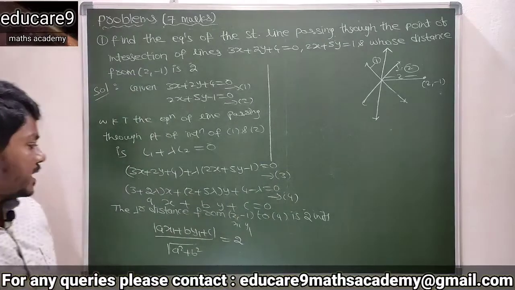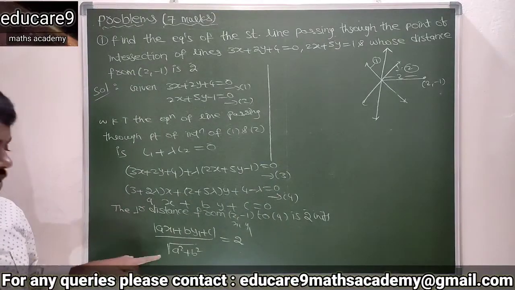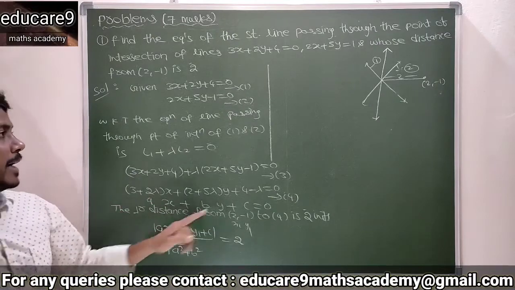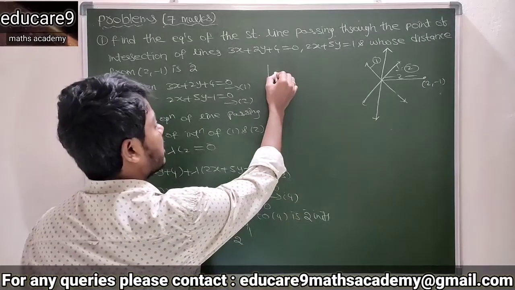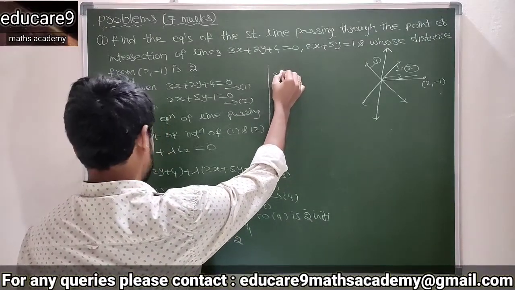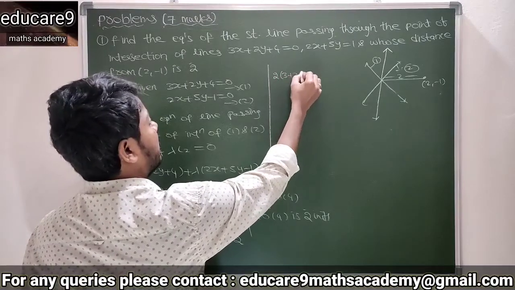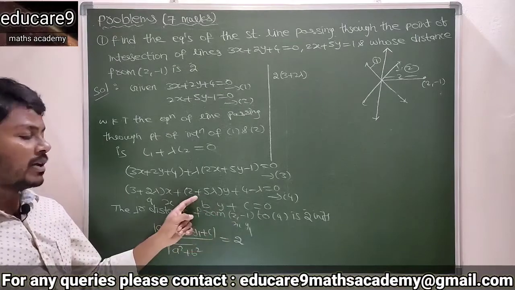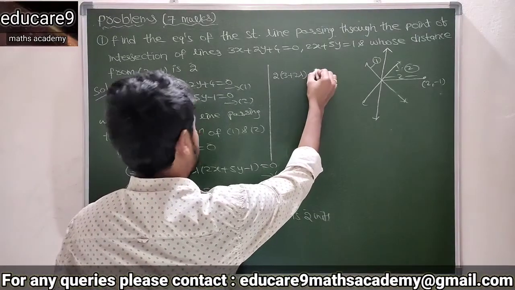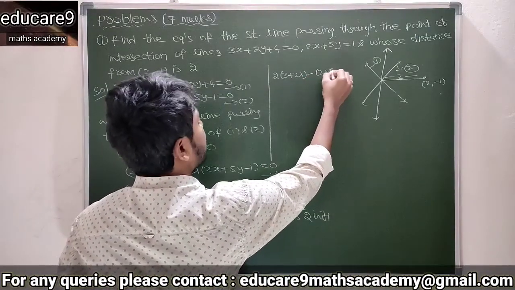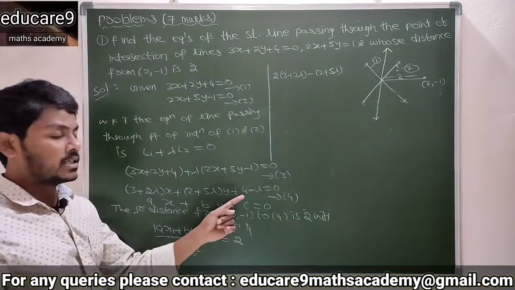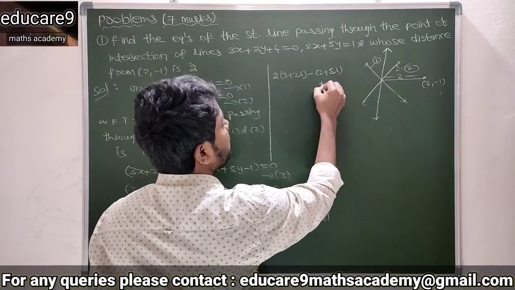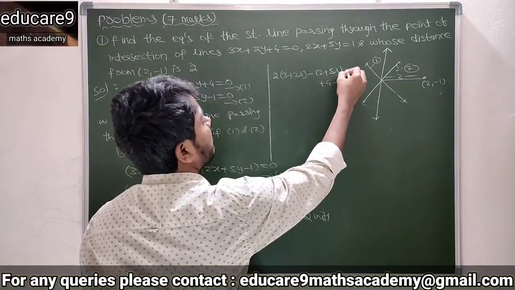Comparing with ax + by + c = 0, here you get a = 3 + 2λ. So substitute here: ax1 is 2(3 + 2λ). Next, by1 is -1 times (2 + 5λ), so minus (2 + 5λ). Next, plus c, that is plus (4 - λ).